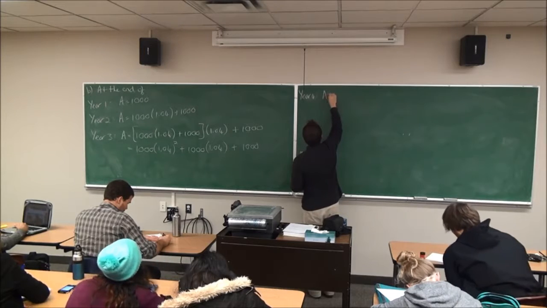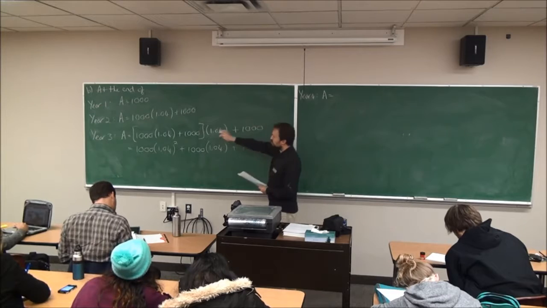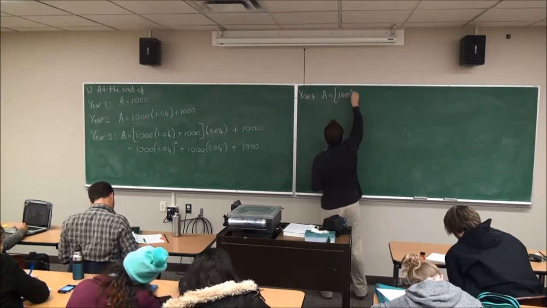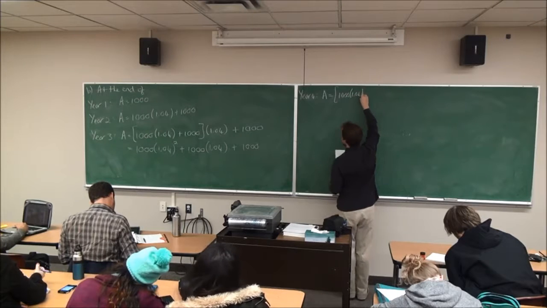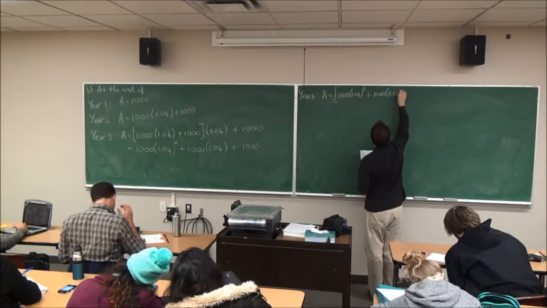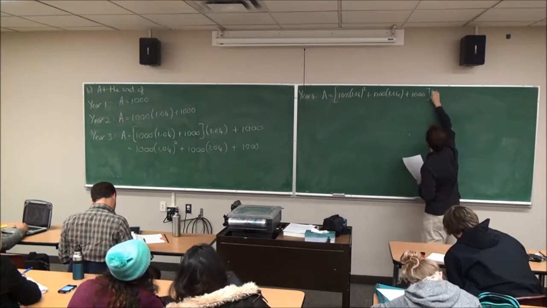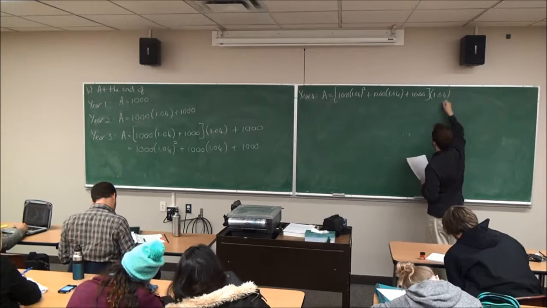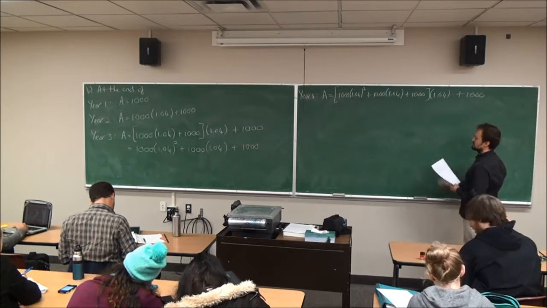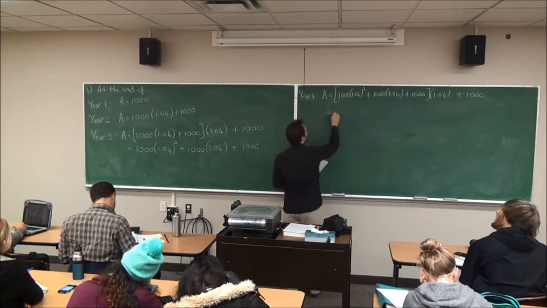So now my new amount at the end of year 4 is this whole previous amount. That gets increased by 4%, and I add another 1,000. What do I have?